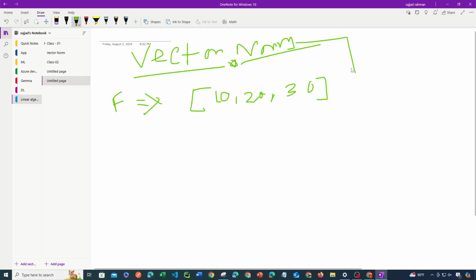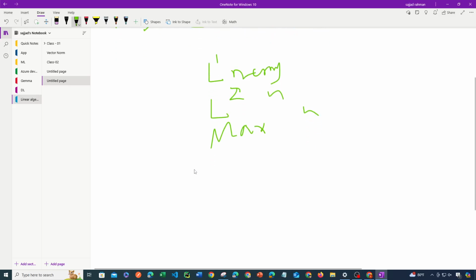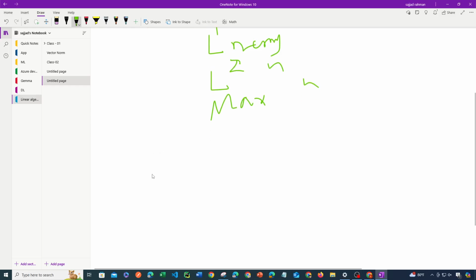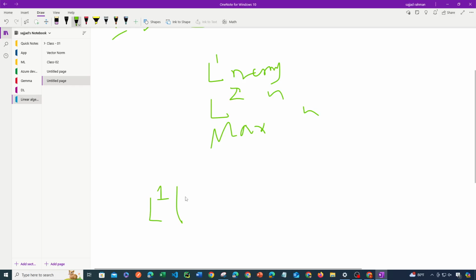There are basically three norms: L1 norm, L2 norm, and the last one is the max norm. Don't worry or panic. How do we calculate the norm? Let's start from the L1. So assume that this is our vector f. How do you find this? Well, we all know this sign. We ignore the negative sign.